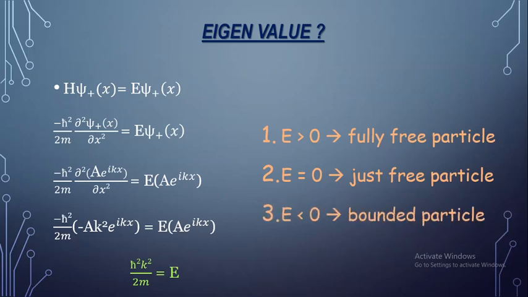If energy is less than 0, then the particle is a bounded particle, meaning it is not free to move. If it is an electron, it may be bounded to the nucleus or the atom. So based on this energy eigenvalue, we can define different types of particles also.